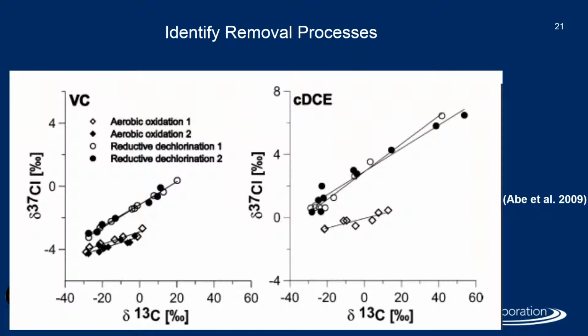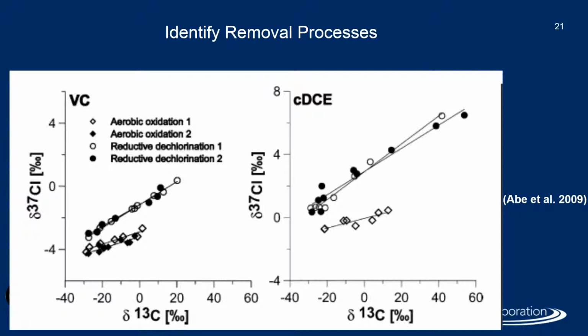This is a dual carbon and chlorine isotope plot that shows the isotope trends during aerobic oxidation and reductive dechlorination of vinyl chloride and cis-TCE. This plot is from Abe et al. paper.